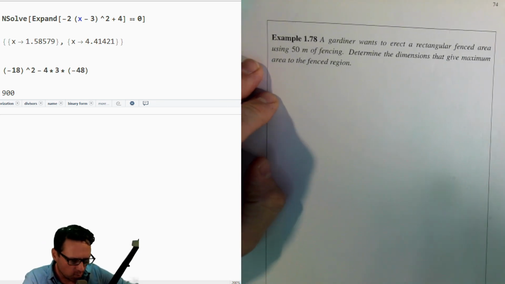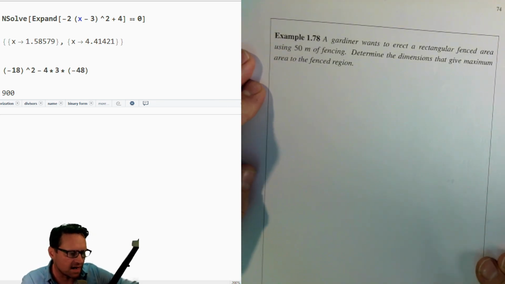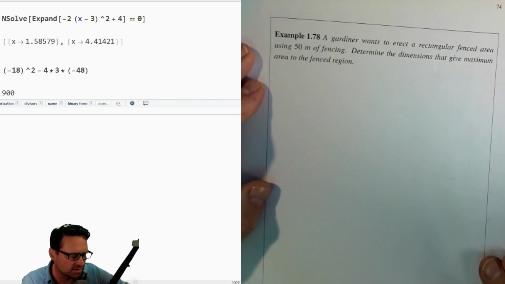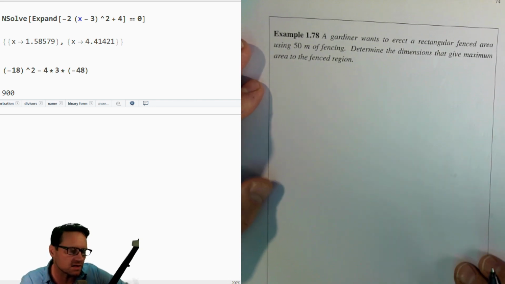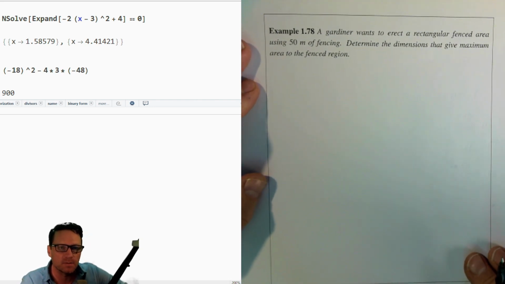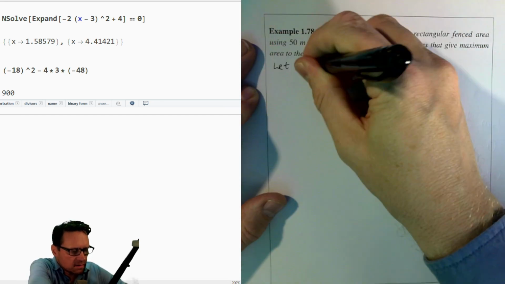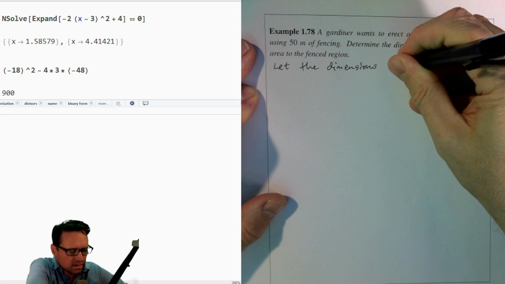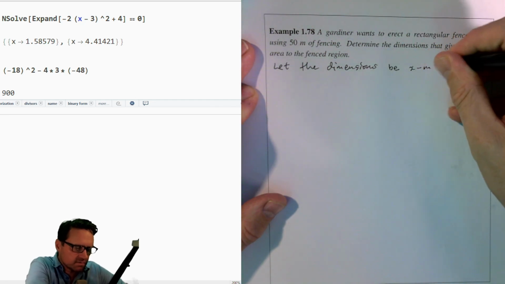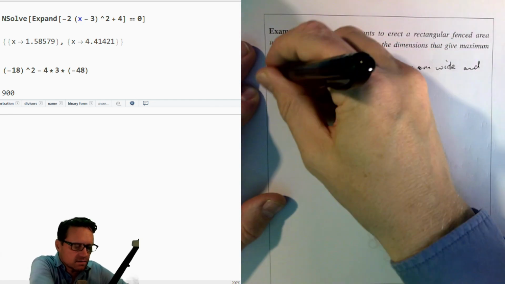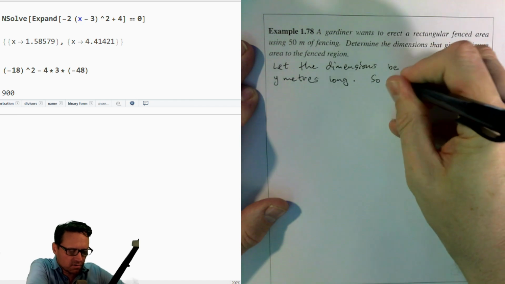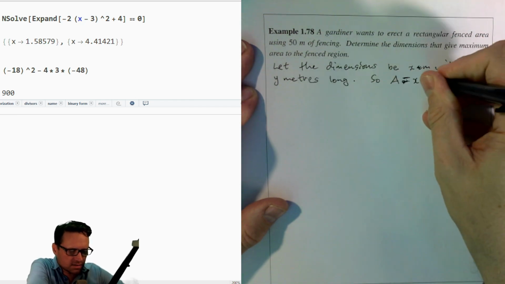Okay. A gardener wants to erect a rectangular fenced area using 50 meters of fencing. That's the length of the fencing. Determine the dimensions that give maximum area to the fenced region. Okay, so let the dimensions be x meters wide and y meters long, so that A is equal to x times y.